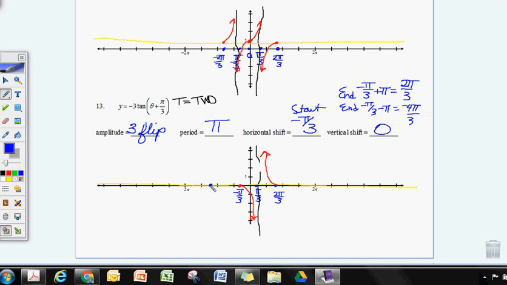So 4 pi over 3 would fall in this region right about here, and its halfway point would be, did I add incorrectly? No, negative 4 pi over 3. And the middle point here would be negative 5 pi over 6.